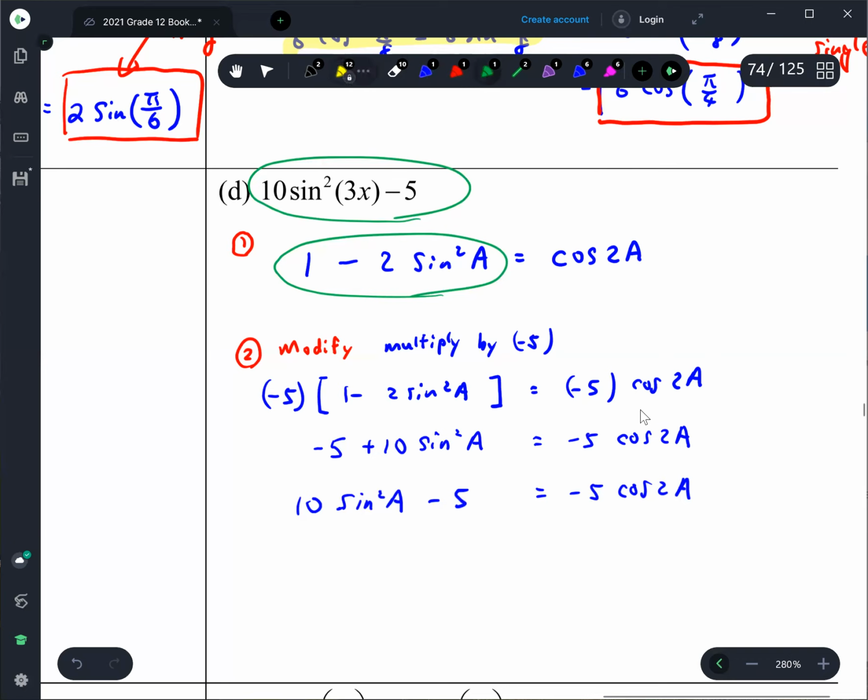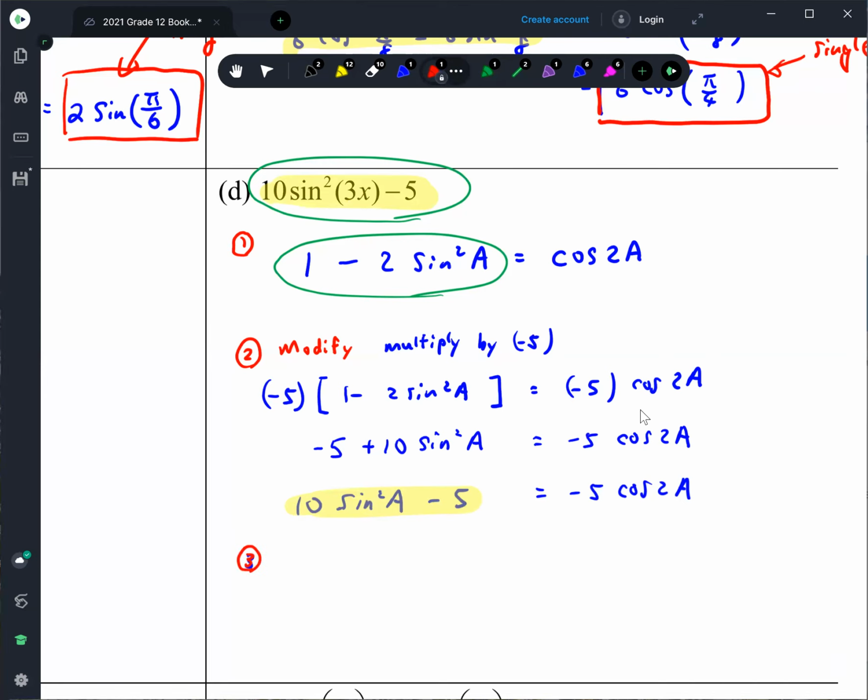So now the yellow part matches the yellow part. Okay, final step. Okay, this is a hard one, right? Because the order is mixed up. So you need to times by a negative number. At the same time, you need to match the value, right? Turn the 2 into 10.